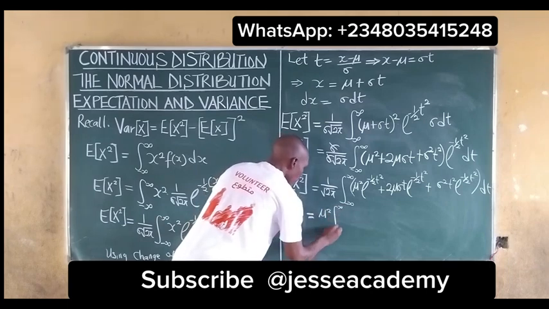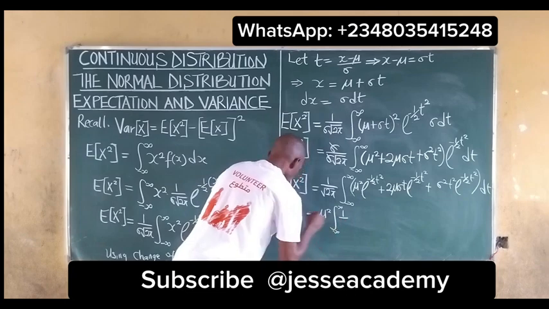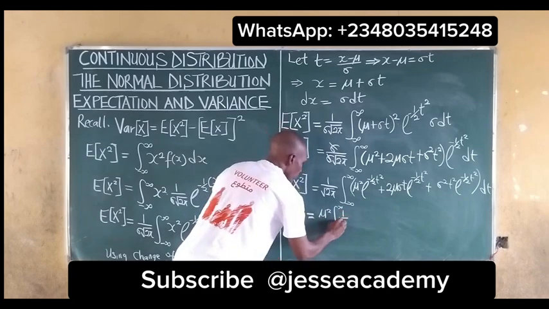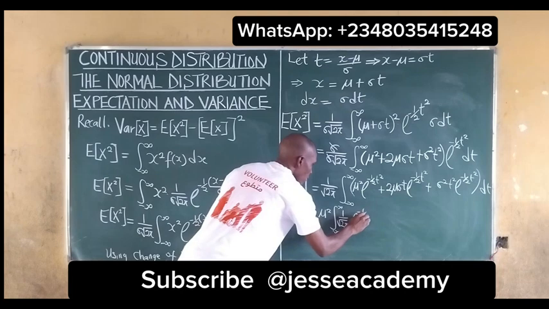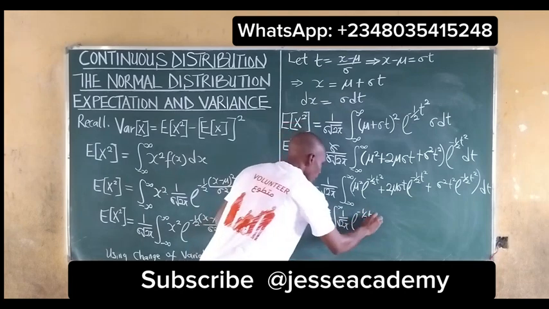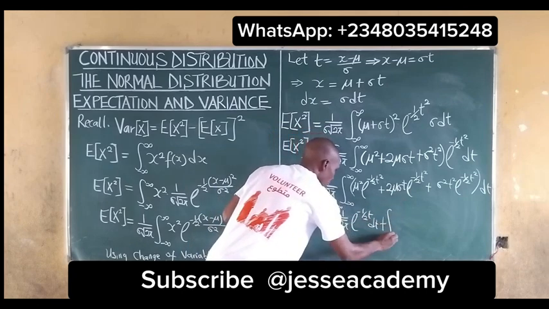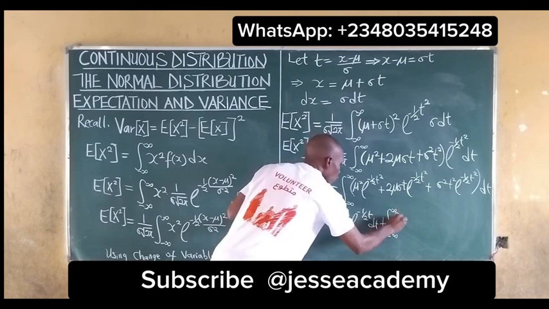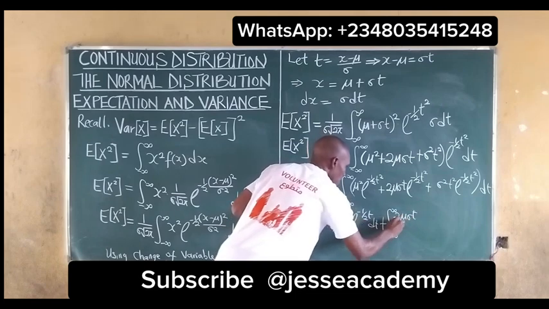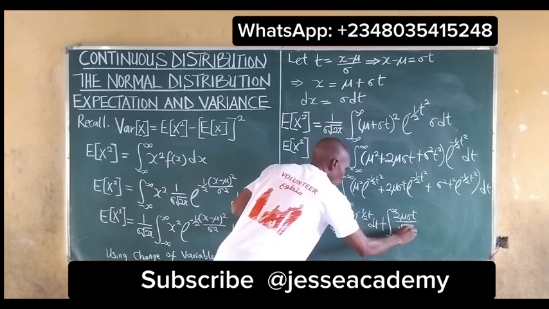The integral from negative infinity to infinity, we have 1 all over square root of 2 pi exponential negative 1 all over 2 t squared dt, plus we have this as the integral from negative infinity to infinity of 2 mu sigma t all over square root of 2 pi.